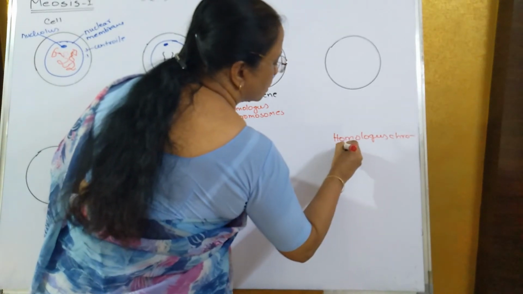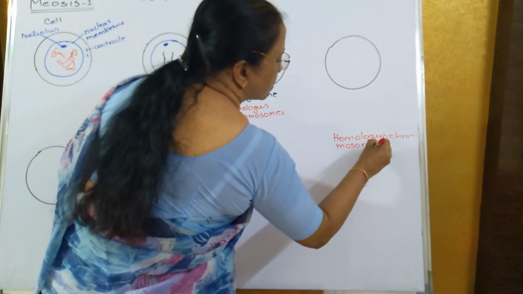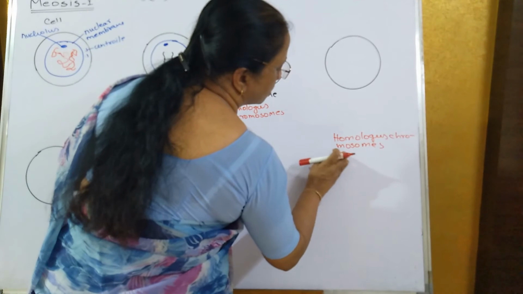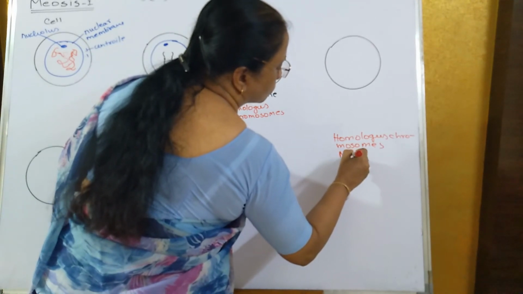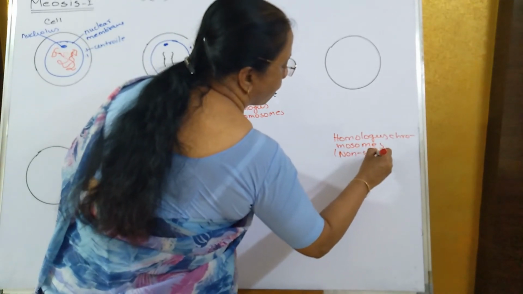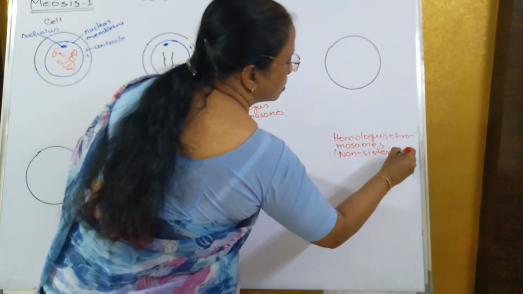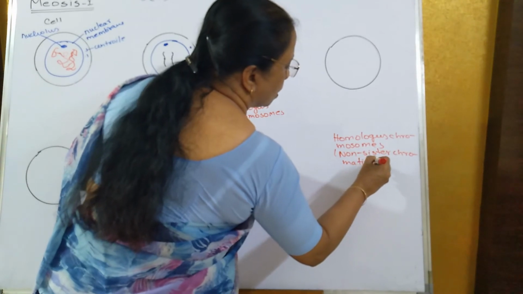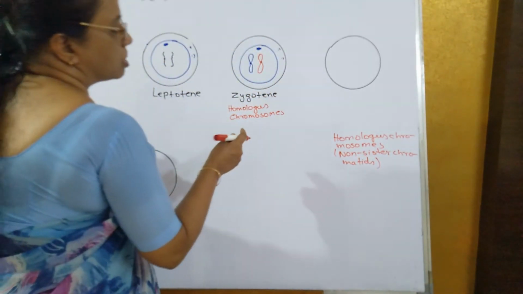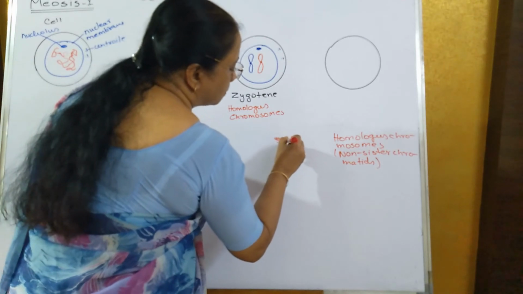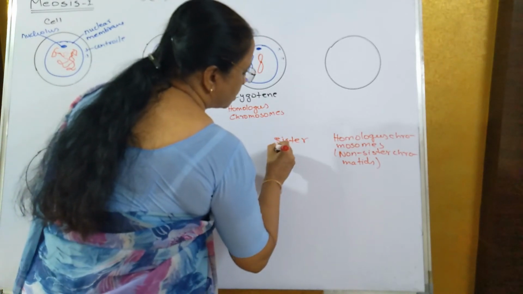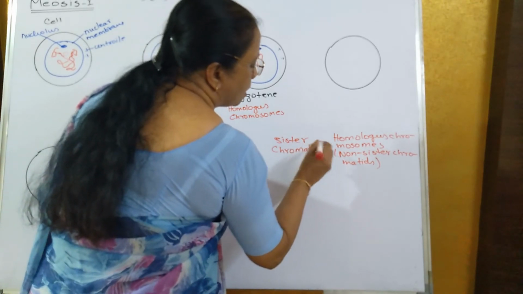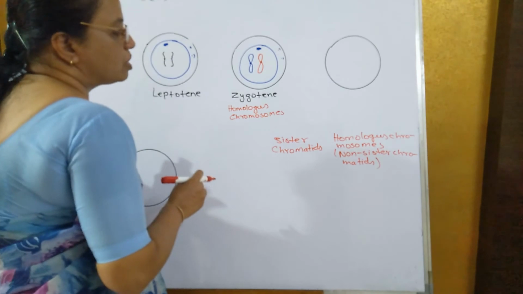Homologous chromosomes are also known as non-sister chromatids. Now we had studied sister chromatids in mitosis. What is the difference between sister chromatids and non-sister chromatids? The non-sister chromatids are also known as homologous.